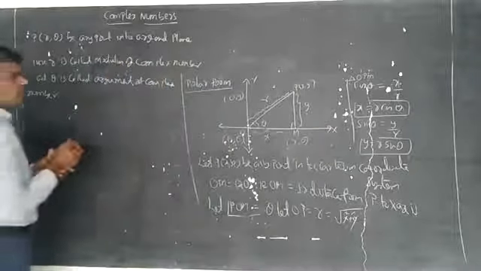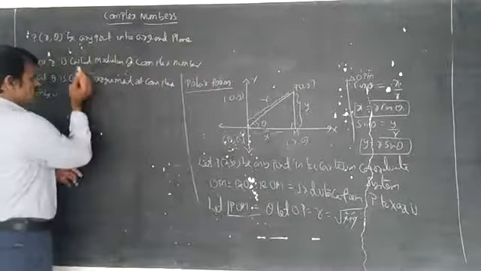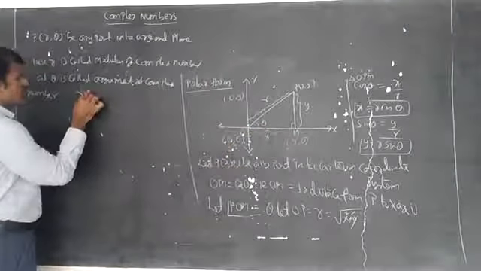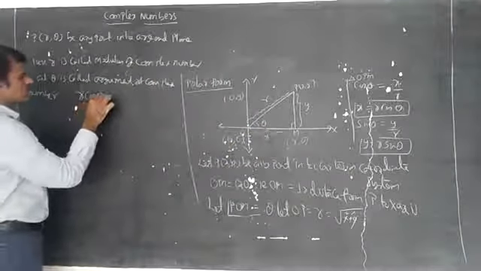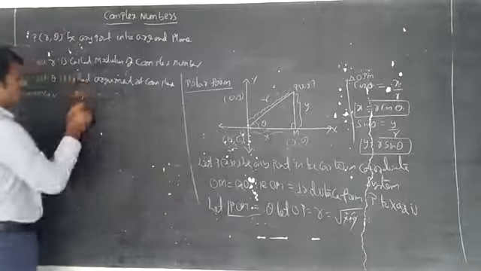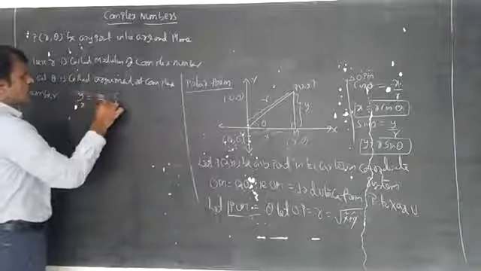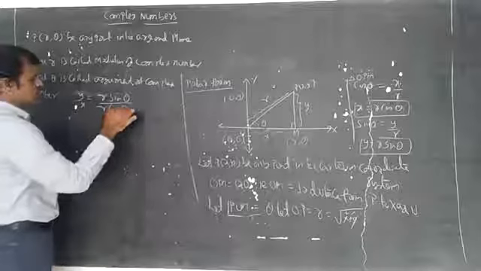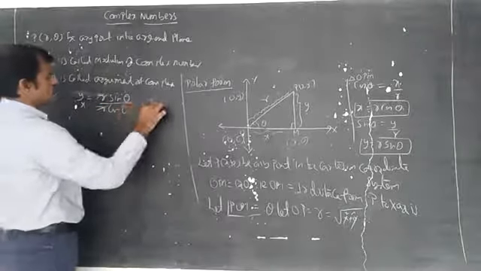According to this, you can write R cos theta is equal to x, already we had written. Better to write y by x, try to understand. Y by x is equal to R sin theta by R cos theta. R will cancel, giving tan theta.